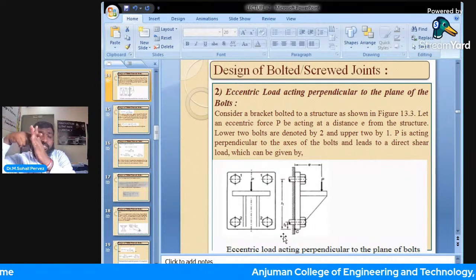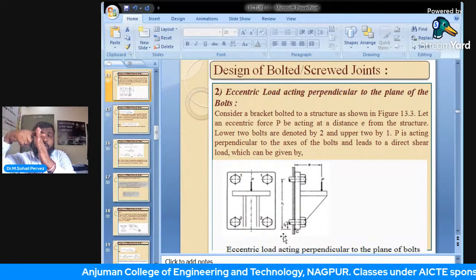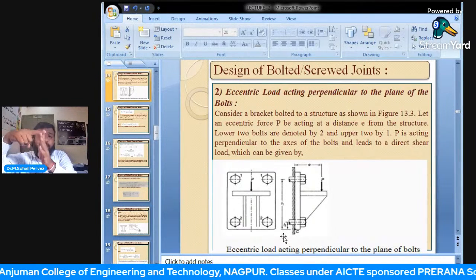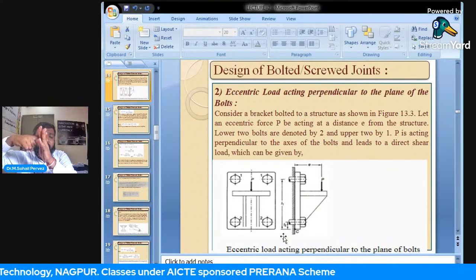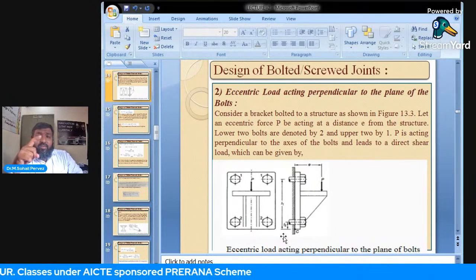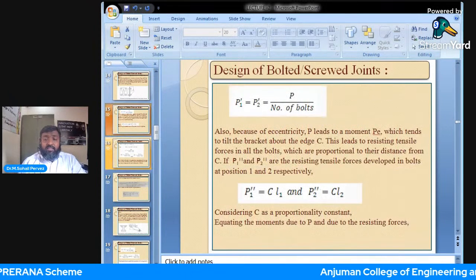This is the bolt. Now if some load is applied at this arm end, then it will try to bend. The same phenomenon will be used here.